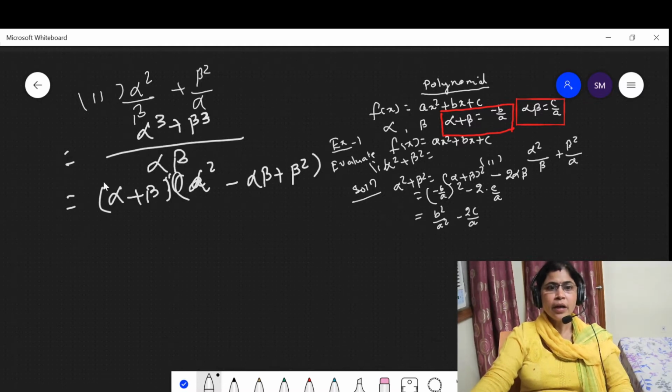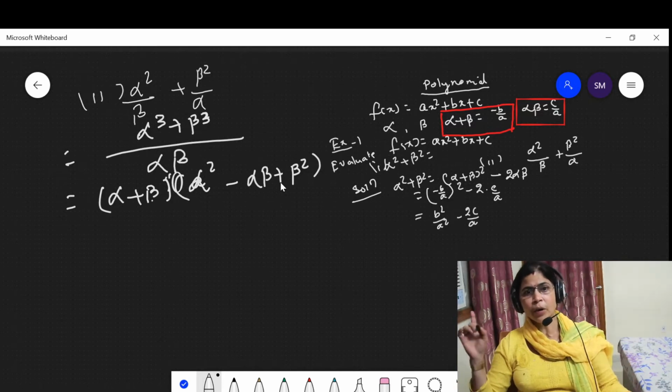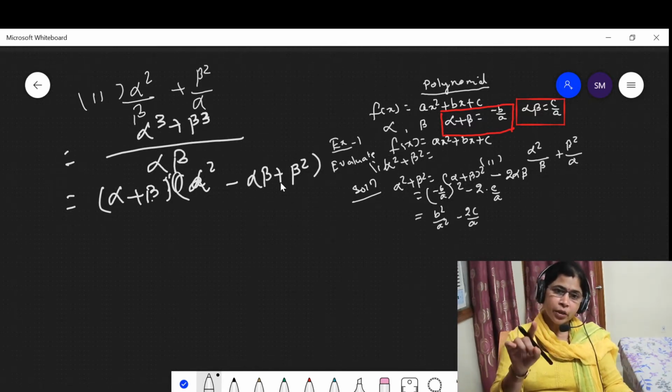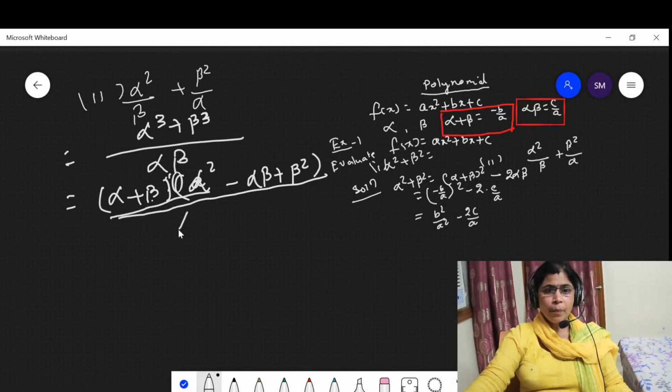Then here alpha cube plus beta cube is alpha plus beta into alpha square minus alpha beta plus beta square, because you recall a cube plus b cube is equal to a plus b into a square minus ab plus b square. I put the identity here, upon alpha beta.